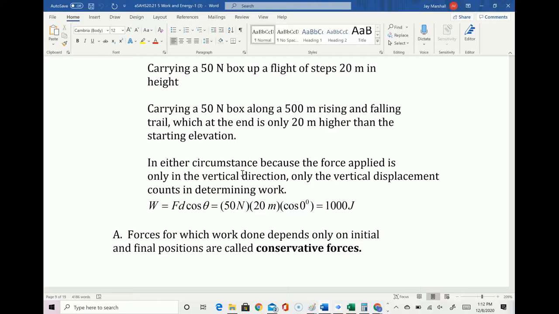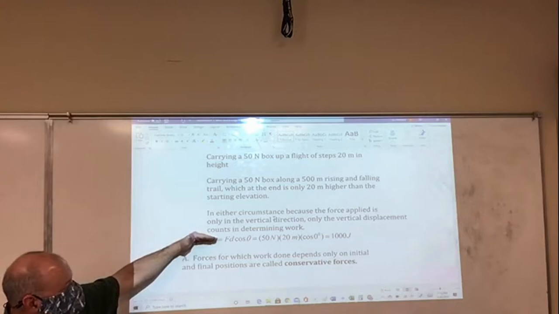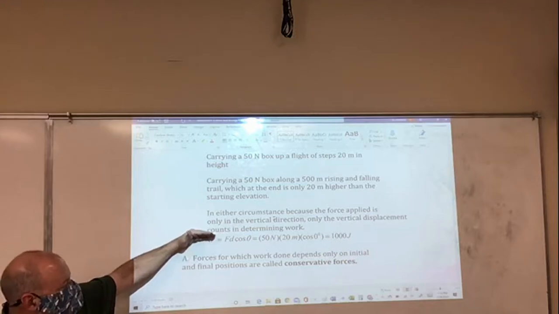Now, let's be really precise about what we understand here. We actually may have done a lot more work personally, but we added 1,000 joules of potential energy to the box. Okay, and that's what this is really saying here.